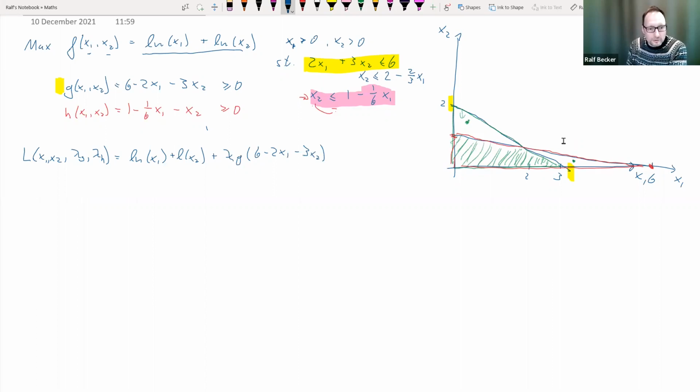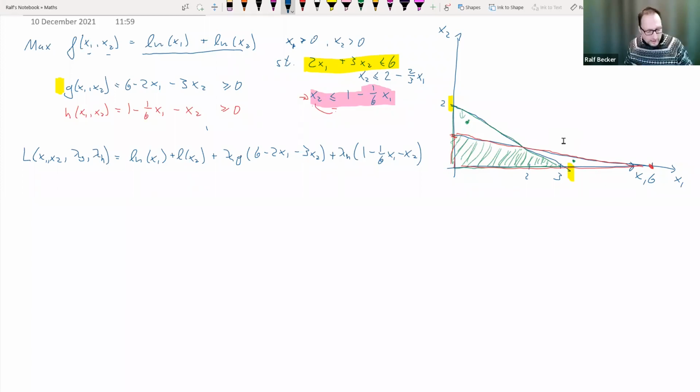But now that we also have a second constraint, there will be just an additional term here, lambda subscript h, and now the h constraint, 1 minus 1 over 6 x1 minus x2. Okay, so it's the same sort of approach, our function, and then plus these two sort of penalty terms, one for each constraint, where each constraint has to be formulated in our standard way.